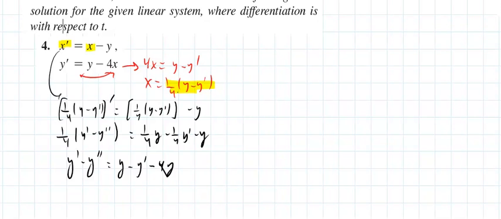Or simply, I could say 0 equals y double prime, and if I move this over, that becomes negative 2y prime, and those will give you negative 3y. So this is a differential equation that I know how to solve.